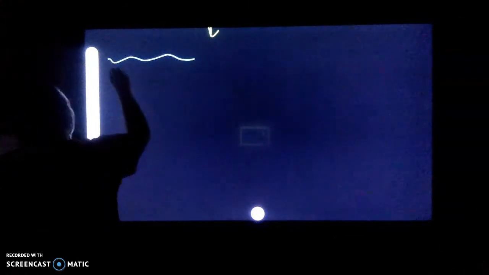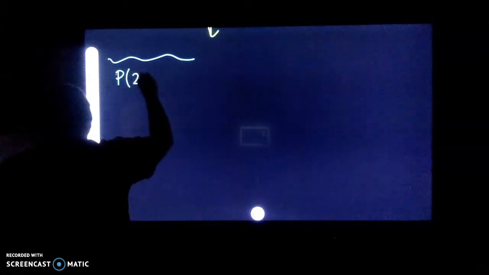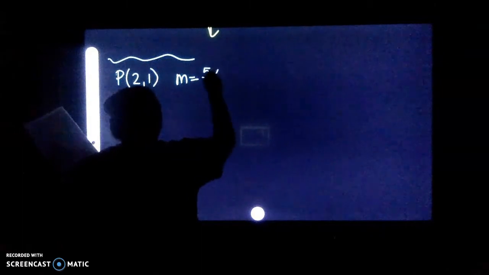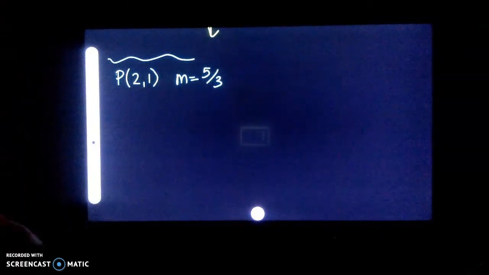So now we're going to graph another line, but we're going to do it with different given information. So, given point P, which is (2, 1), and slope 5/3, it wants us to graph the line.